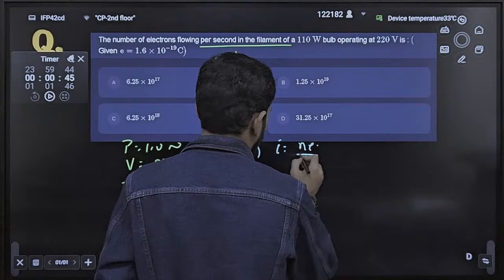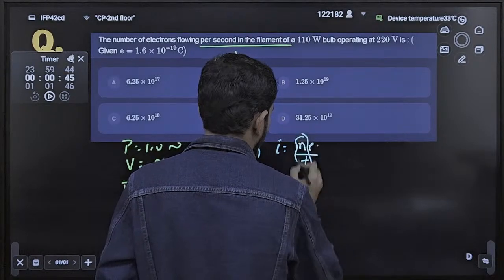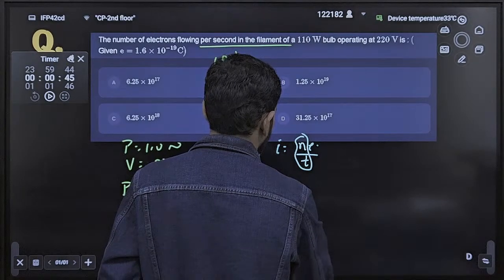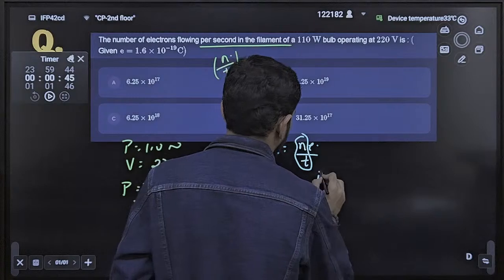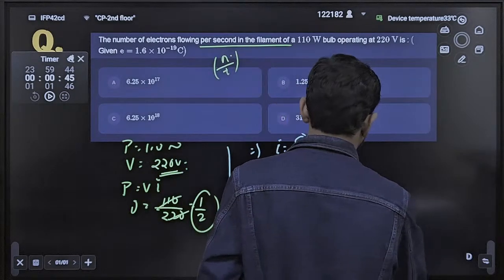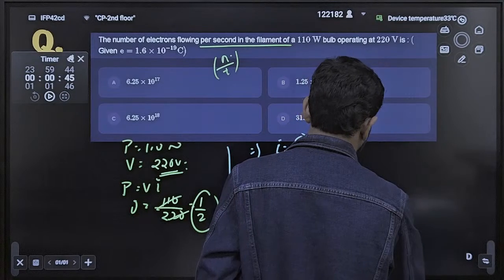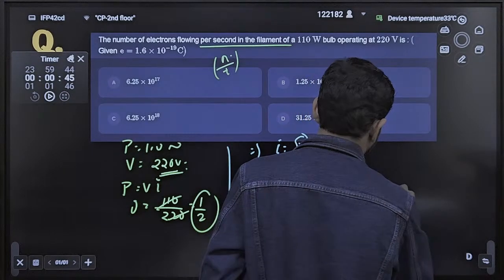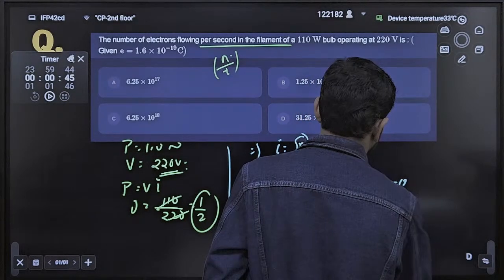And what I have to calculate? I have to basically calculate n by t. So n by t can also be written as current by charge of electron. Current is how much? 1 by 2 into charge of an electron, 1.6 into 10 power minus 19.